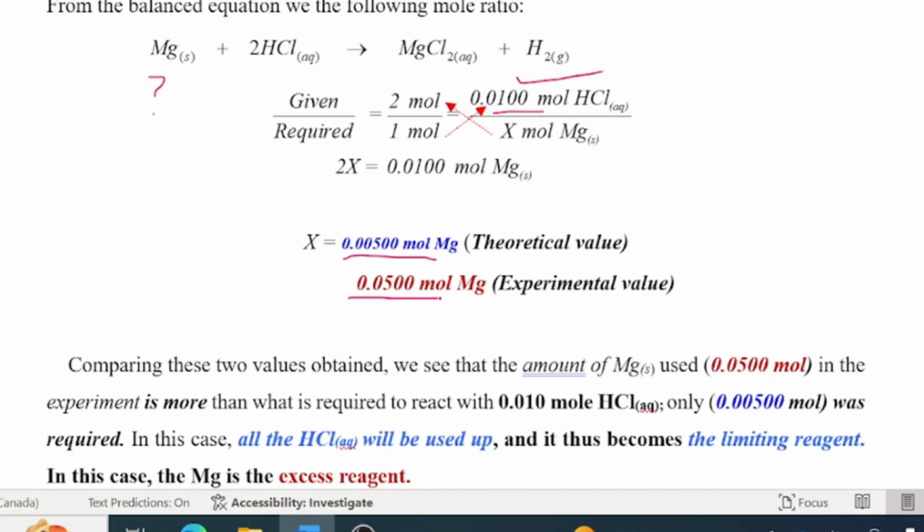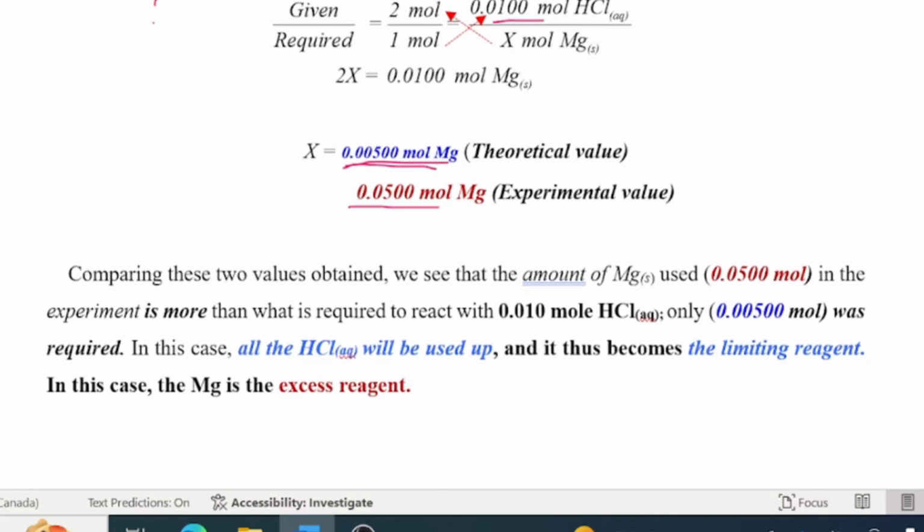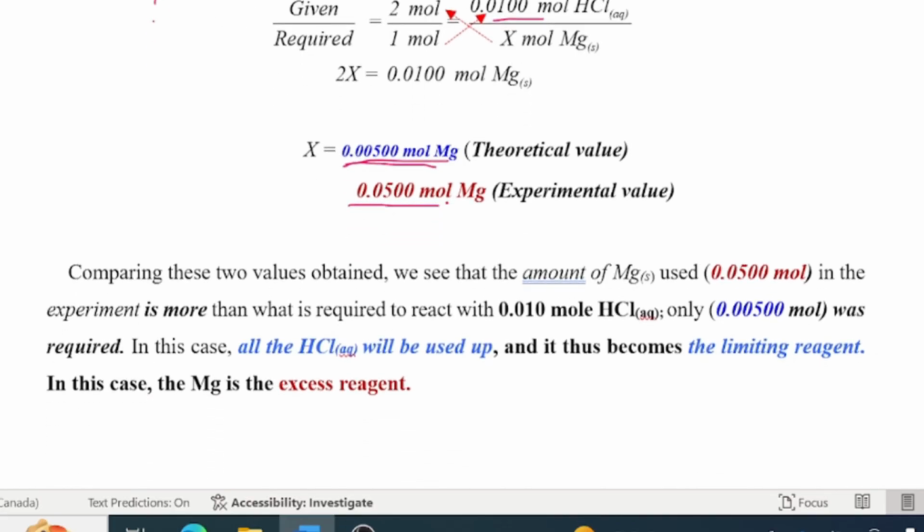We calculated that. Ask yourself now, did I use enough? Did I use more or less? I should have used only that, but I used 10 times more. So what are you going to say? What are you going to say? This guy here is the excess reagent.